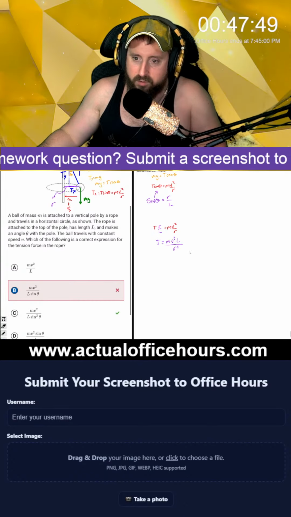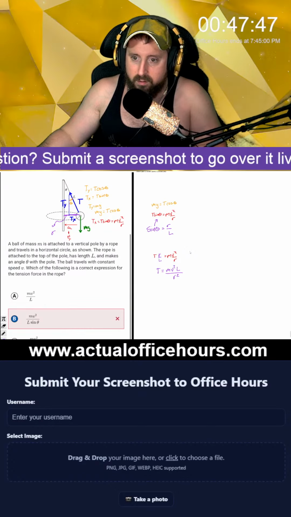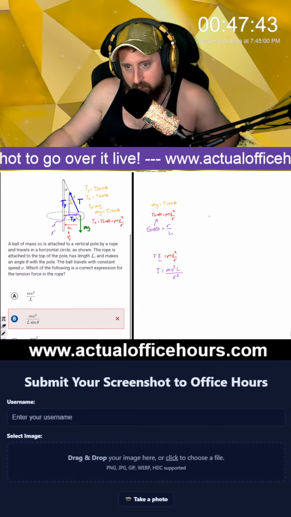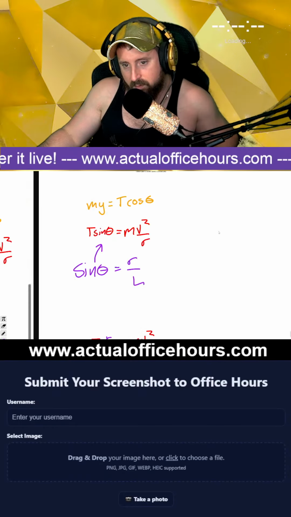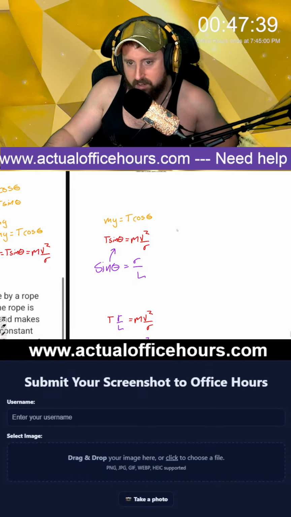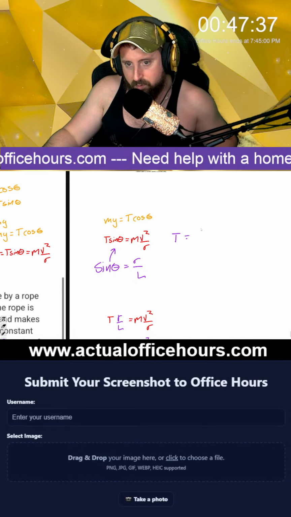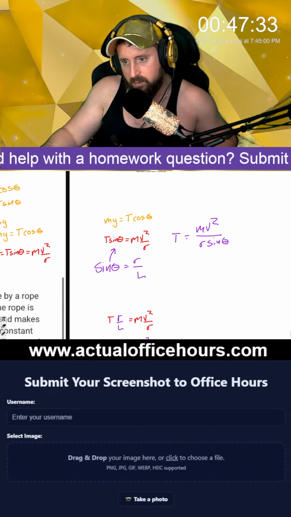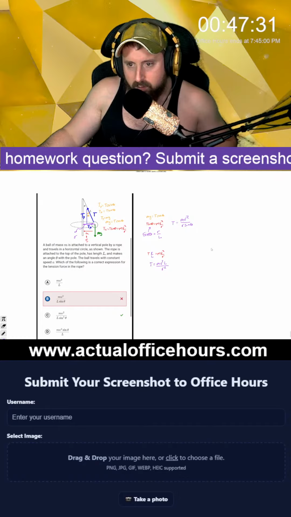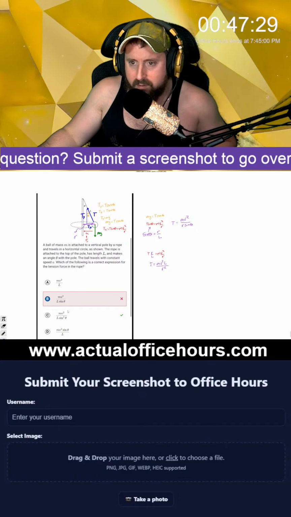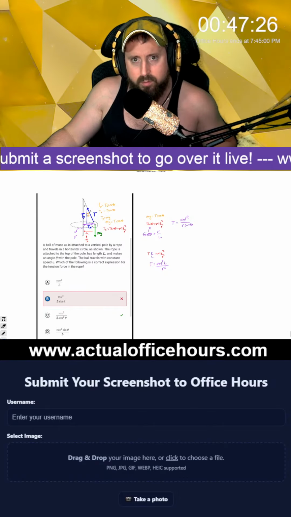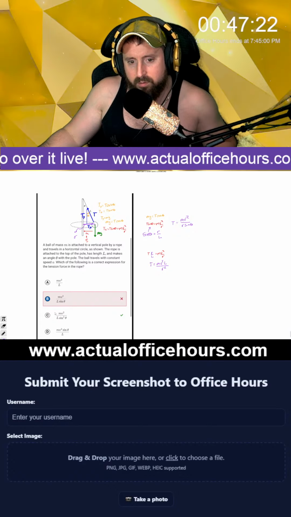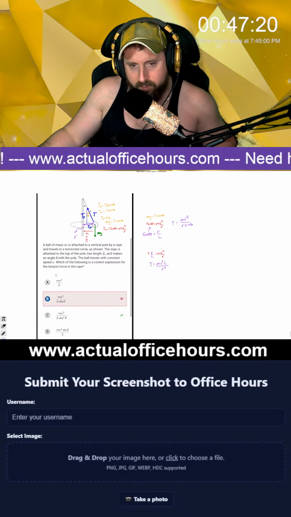mv squared over L sine theta. Well, okay, wait. From this, I get that T is equal to mv squared over r sine theta? And is there a relationship that tells me that r sine theta is equal to L sine squared theta?